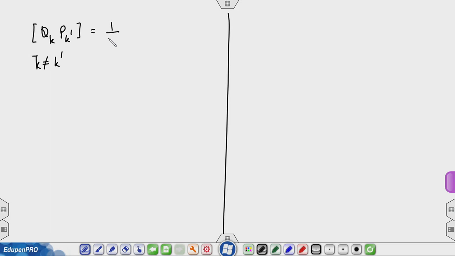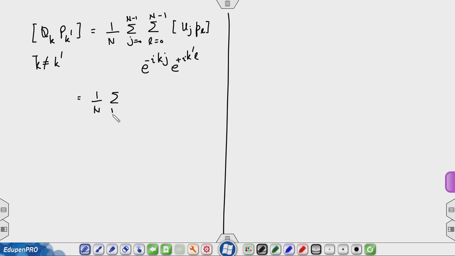This is going to be equal to again 1 over N summation j equals 0 to N minus 1, summation L equals 0 to N minus 1, [u_j, p_L] e raised to minus i k j e raised to plus i k prime L, and k is not equal to k prime. [u_j, p_L] is again i h cross delta_jL, and I get e raised to minus i k j e raised to i k prime L. Again, j is going to be equal to L because of the delta function.